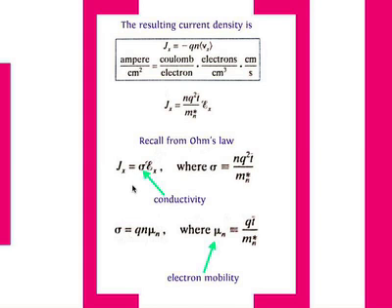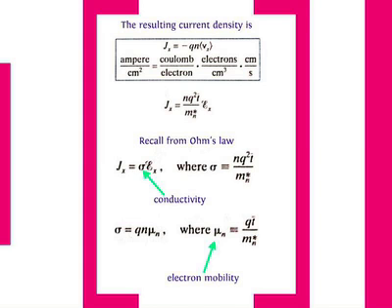So if I plug in J is sigma times E, which is n q mu times E, but J is also given by n q v, and I'm going to drop the signs and all that. Understood what it is. Okay? So now mu, you see why mu is important.